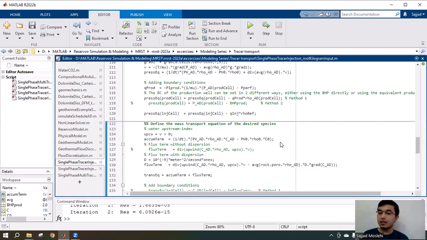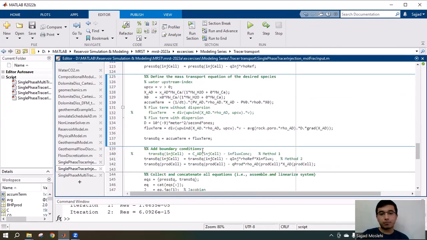So this is a mole conservation equation, the conservation of mole of that tracer. But in this one, we have a mass conservation equation. Mole is just another form of mass, so both of the formulations are correct.